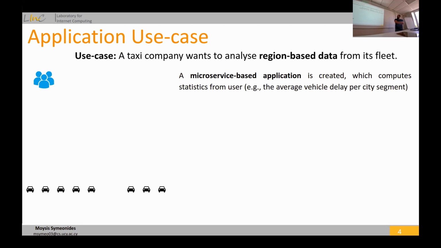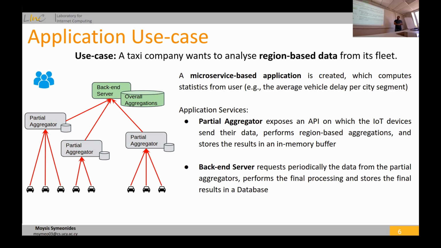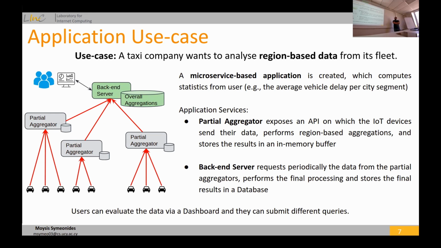So for that reason, the company will create a microservice-based application that includes two services: a partial aggregator that aggregates the data for a subset of the taxi fleet and generates partial results and stores the result in an in-memory buffer, and the backend server that periodically requests the partial results and aggregates them in order to generate the overall aggregation. Finally, users can request the generated data via a dashboard.